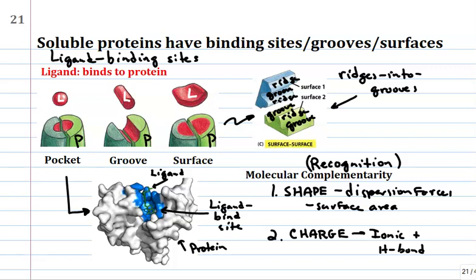And so what we're going to have to get used to thinking about are molecules binding together. What governs the binding of two molecules? Shape complementarity and charge complementarity. Those are going to be the major drivers of something we call molecular recognition.